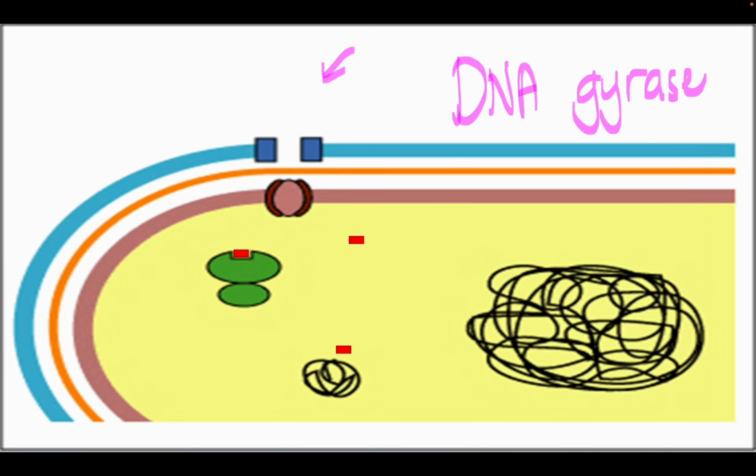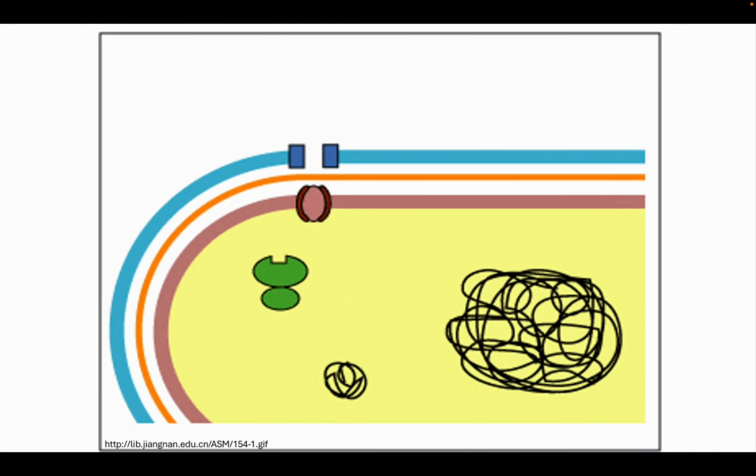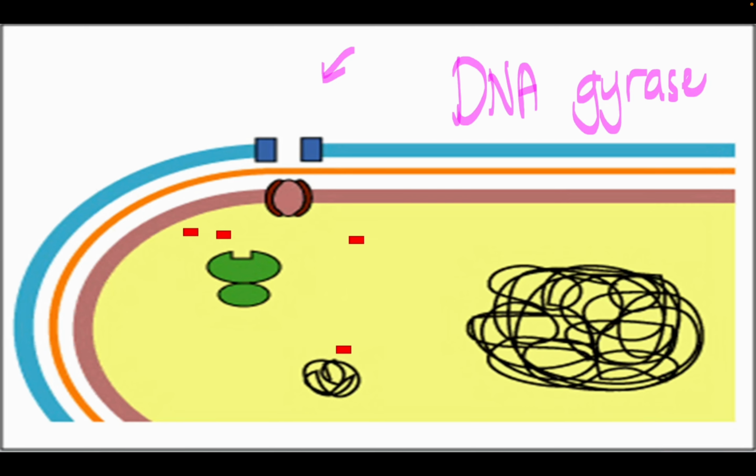Why is it a type of mutation? It will only be a type of mutation if there are mutations in the structures where the antimicrobials are bound. Let's say, for example, this one. What if this one has mutated, so that instead of having that site to bind here, it will become like this?